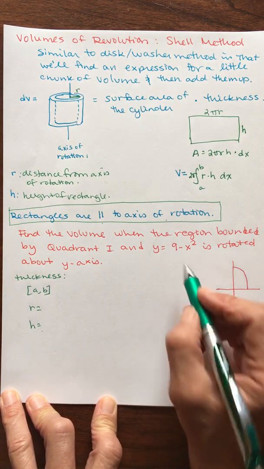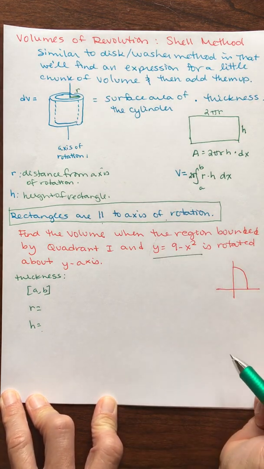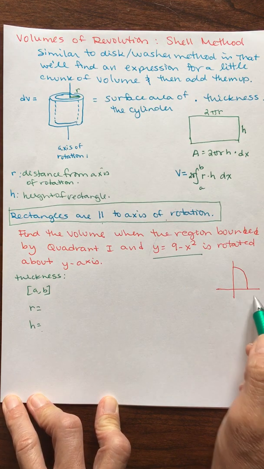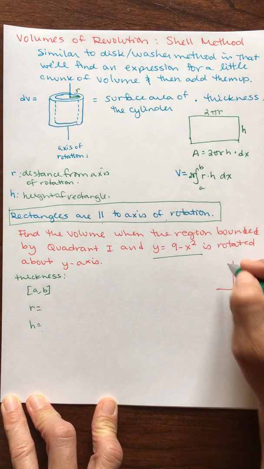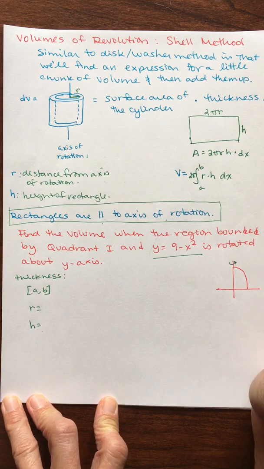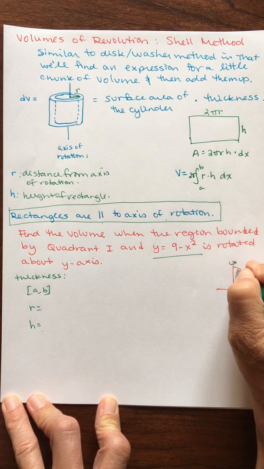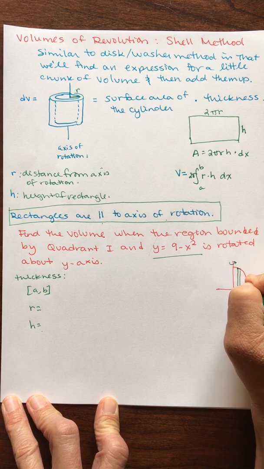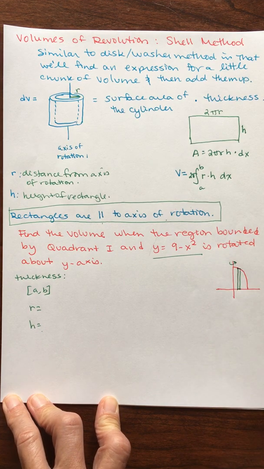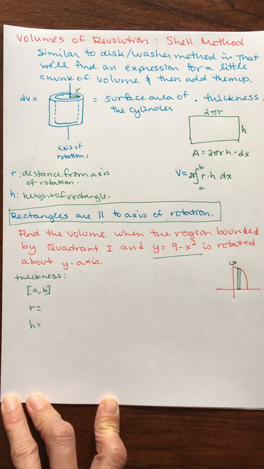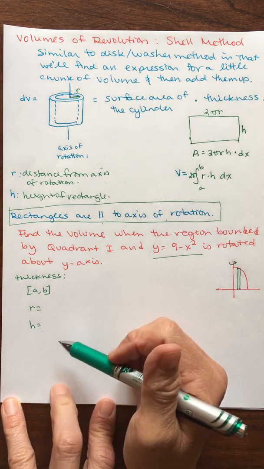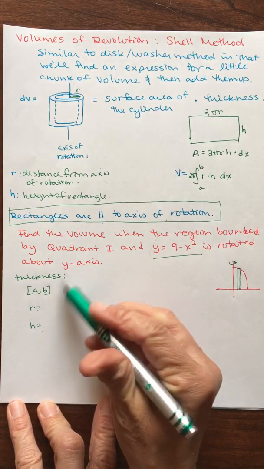We're going to take the equation y equals 9 minus x squared in quadrant 1. I have it sketched here, and we're going to spin that around the y-axis and make a solid. So I'm going to draw my rectangle parallel to the axis of rotation. Once you get the rectangle in, I use that to come up with the values for my little guideline.